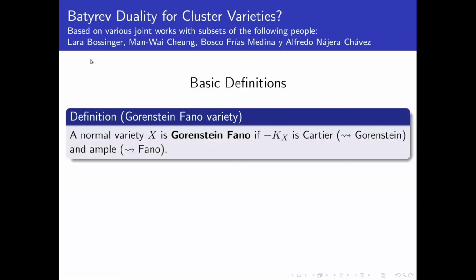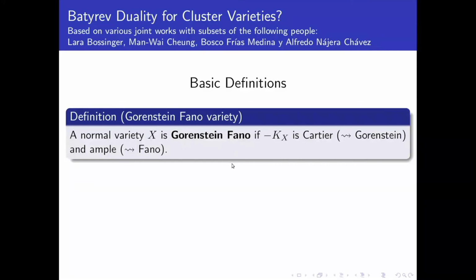But these are joint works with the following people, or subsets of the following people: Lara Bossinger, Mandy Cheung, Bosco Frías Medina, and Alfredo Nájera Chávez. So I want to start off with some basic definitions here to set the stage for what we're looking at.